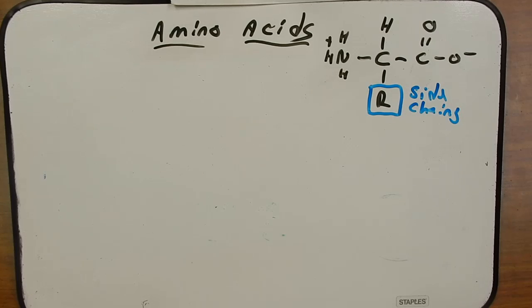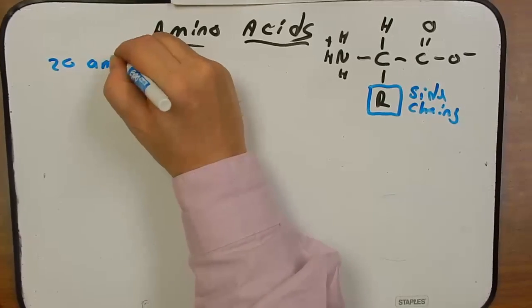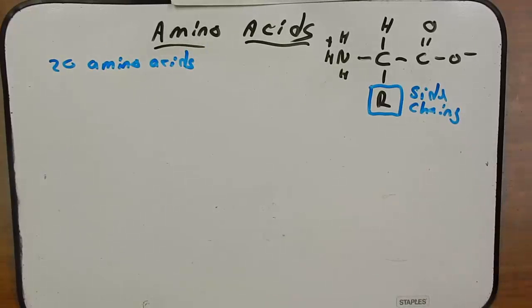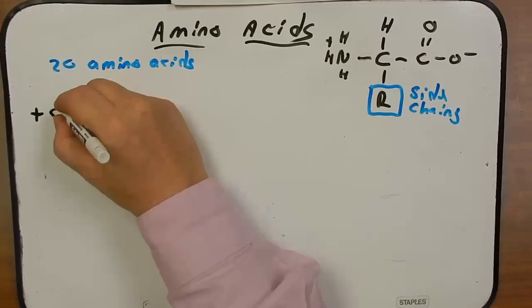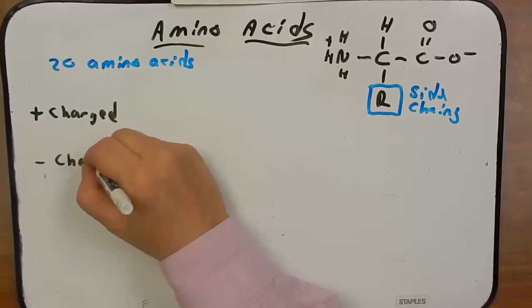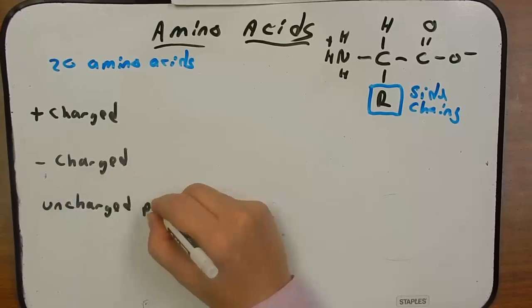These side chains can exist in one of 20 different forms. So there are 20 amino acids. Or another way you could say it, there are 20 side chains. We can characterize these amino acids in one of 4 groups. We have positively charged amino acids, negatively charged amino acids, and uncharged polar amino acids.